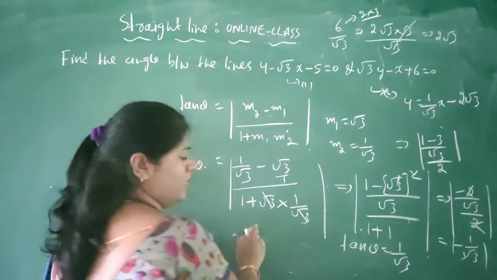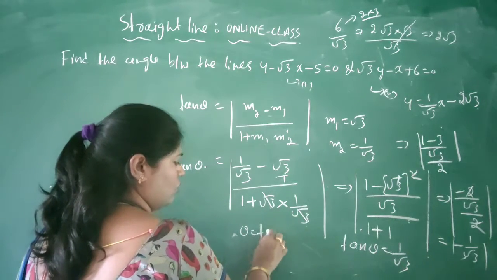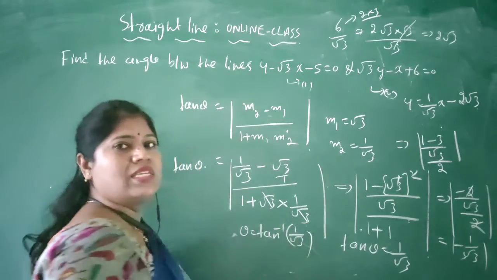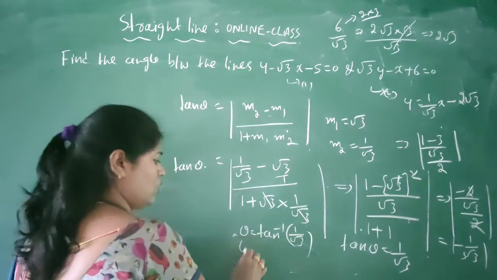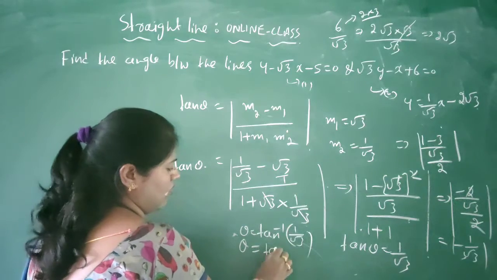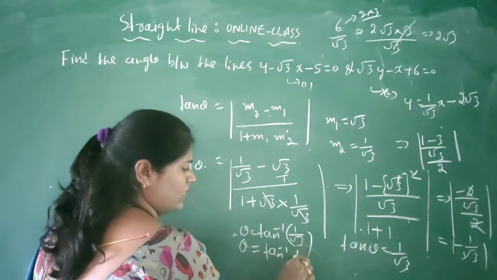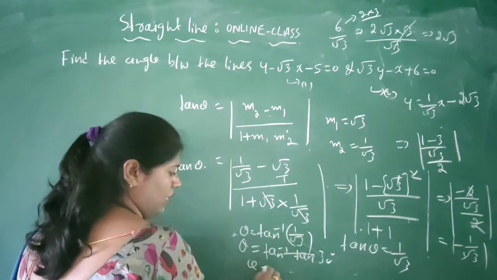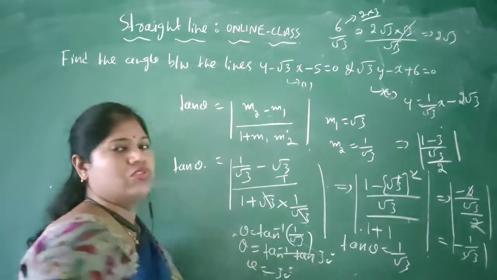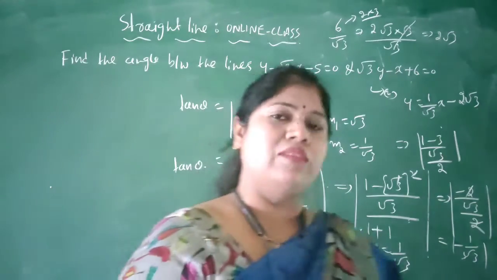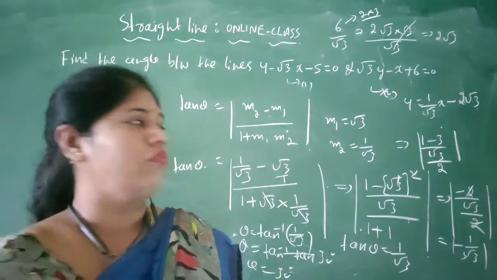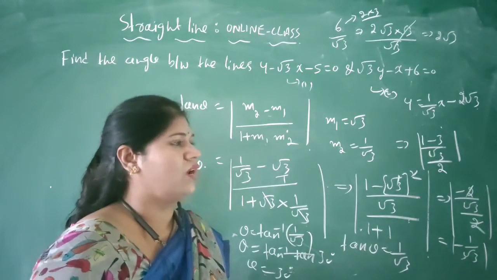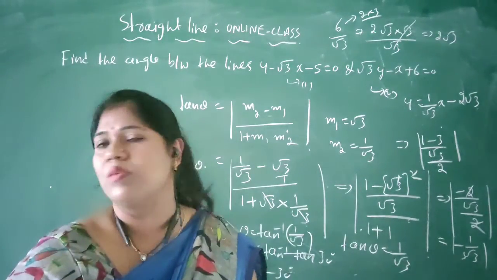So this can also be written as theta is equals to tan inverse of 1 by root 3, which is tan inverse of tan 30 degree. These two nullify, you will get theta is equals to 30 degree. So this is the problem. We have to do it very carefully. It will come in the examination for 3 marks.